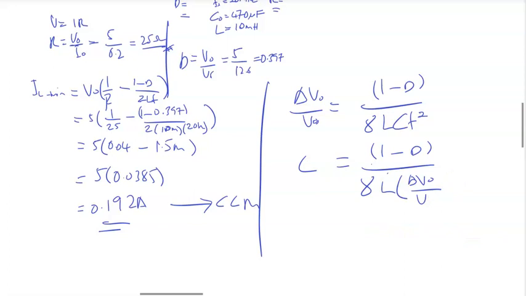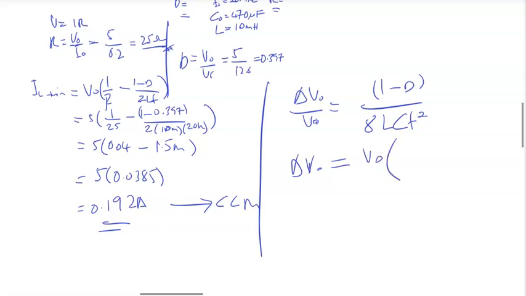We need to look out for delta V. So the delta V should be the parameter to look out for. So it should be like this. So delta V to be equal to V out 1 minus D divided by 8 LCF squared.